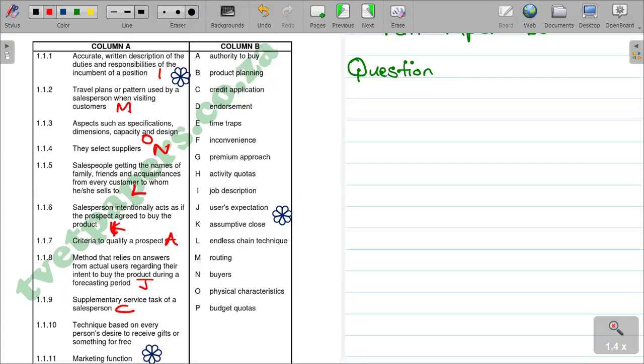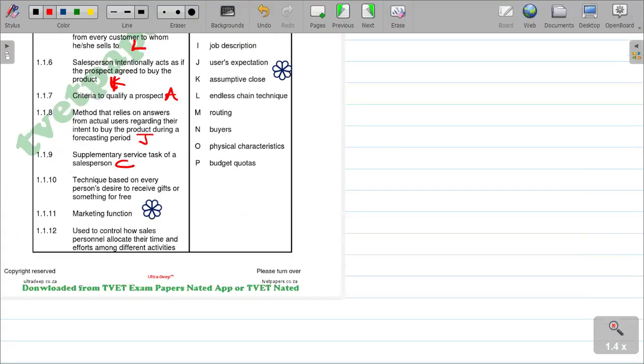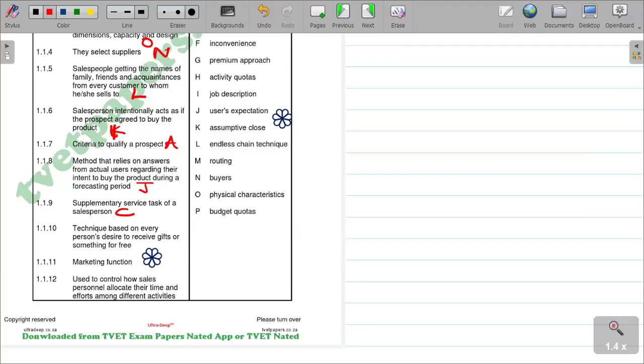Let's go to 1.110. Technique based on every person's desire to receive gifts or something for free. We call it a premium approach, which is G. Right.